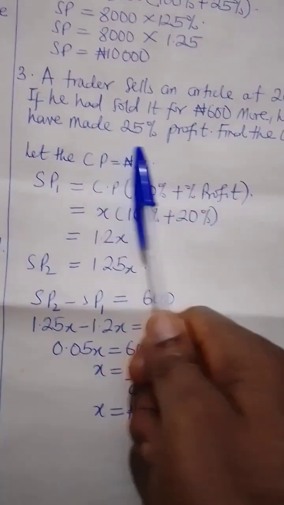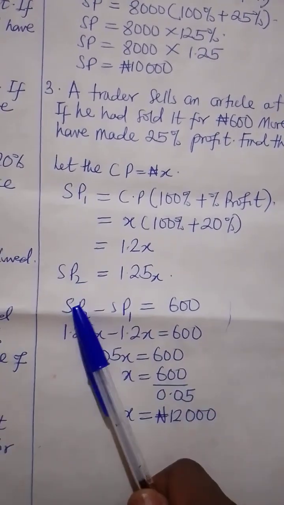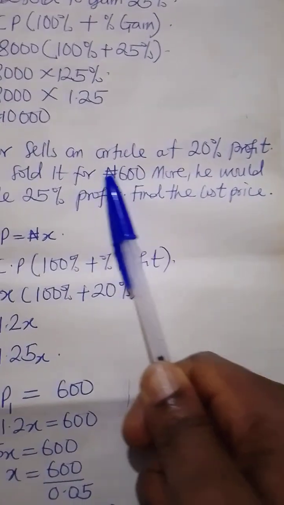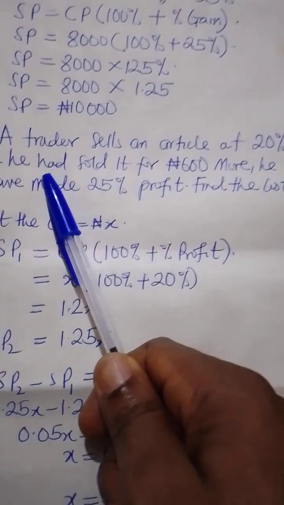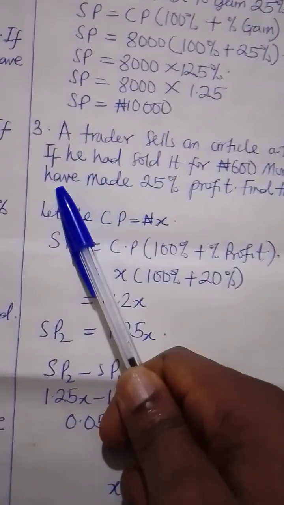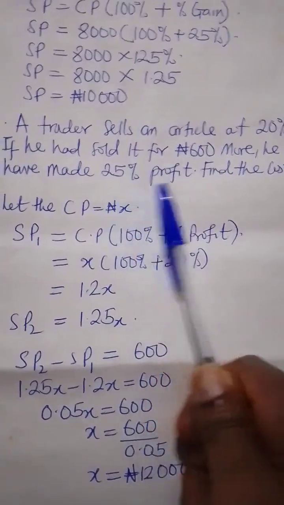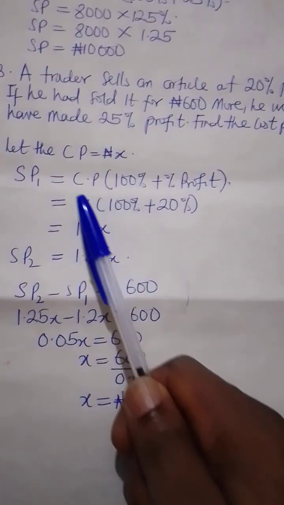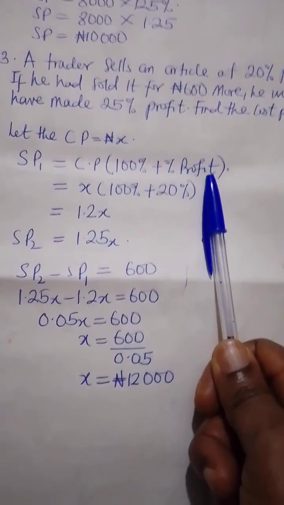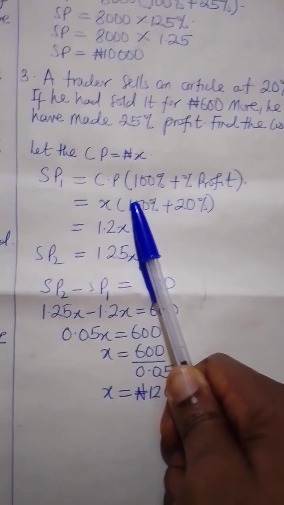Since we're going to repeat the process, we'll call this step SP1. So SP2, we're told if he had sold it 600 naira more, he would have made a profit of 25%. He would have made 25% profit. So this time around, we'll take the same procedure, but our profit this time around is 25%. So if we add 25 to 100, that will give us 125%.